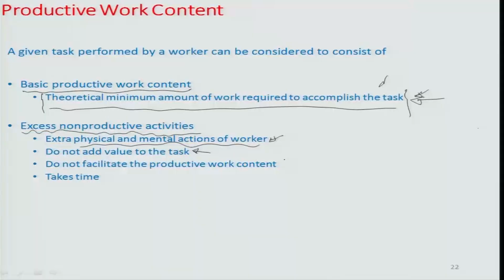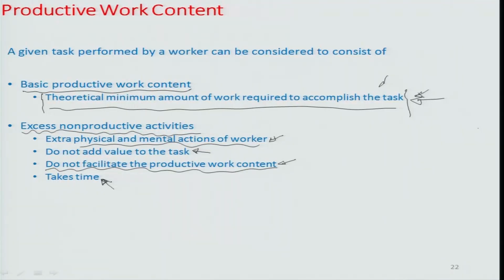Overall, that has to be the goal, and sometimes it may mean more work per person, but the overall productivity level would go up because of that. Do not focus on productive work content, because it is already productive. You do not need to put it in the excess non-productive activities, which take time, so you have to somehow reduce the time part of that.